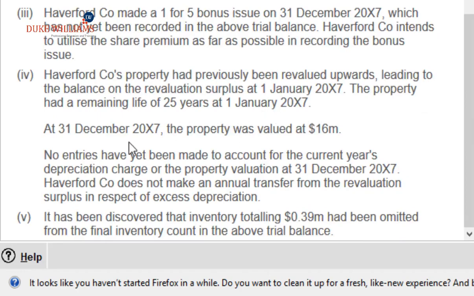At 1st December, the property was revalued at 16. No entries have yet been made to account for the current year's depreciation charge or the property revaluation at 31st December X7. Our code does not make an annual transfer from the revaluation surplus in respect of excess depreciation.